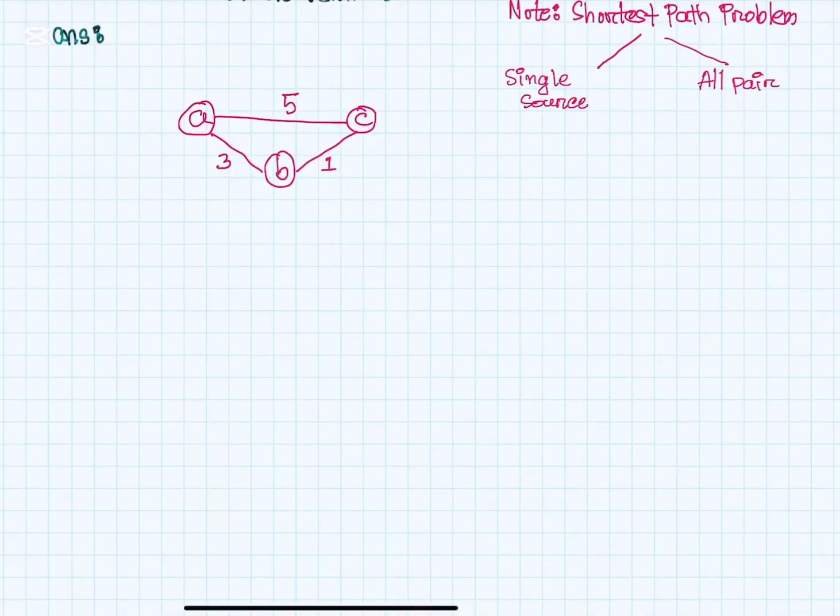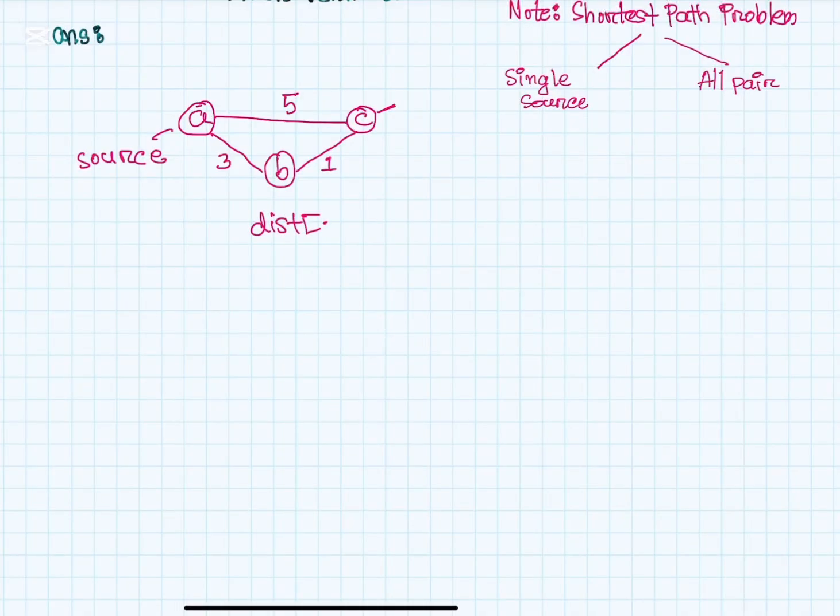Before starting the actual algorithm, let's learn about some basic info. Let's say you have three vertices A, B, and C. A is your given source, and we'd have to find out the distance of C from A, the shortest distance. So at first we can see the direct distance from A to C is 5.